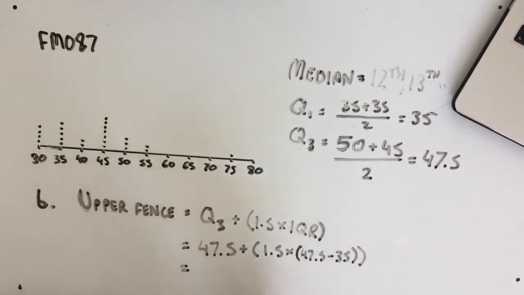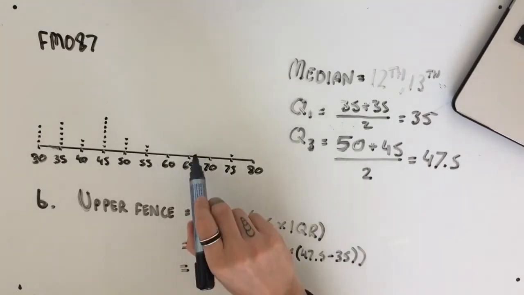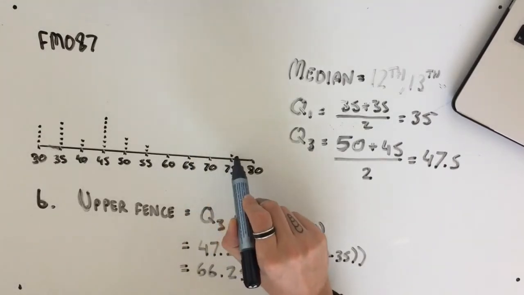And if we calculate that out using a calculator or using your brain, whatever works better for you, you're going to get an answer of 66.25. So our upper fence occurs at 66.25, somewhere just around here.